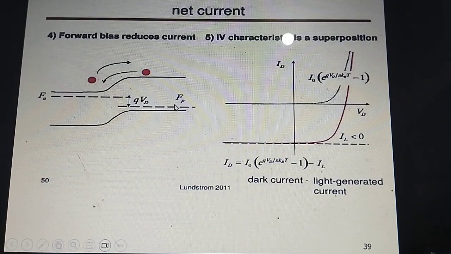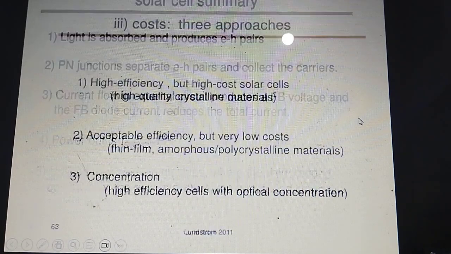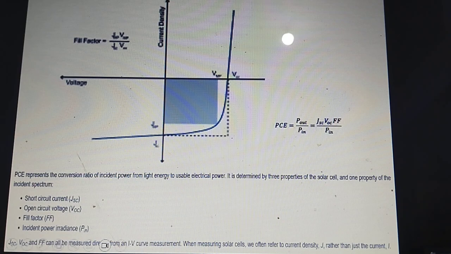So see here, suppose I take the diode and shine the light, but keep it isolated. The maximum voltage that will be created shall depend upon the area of the solar cell and the type of the solar cell.